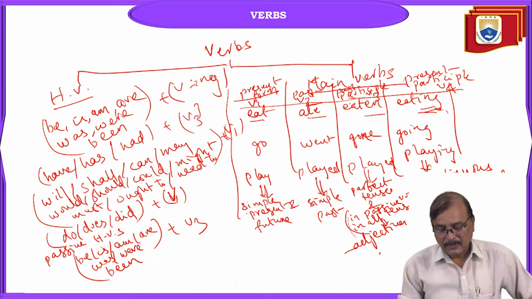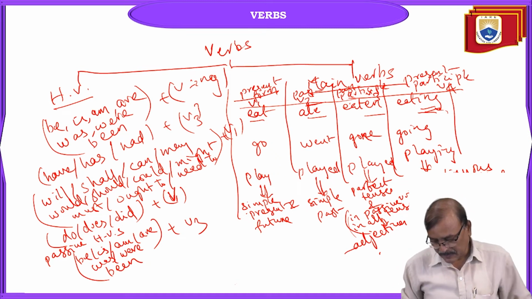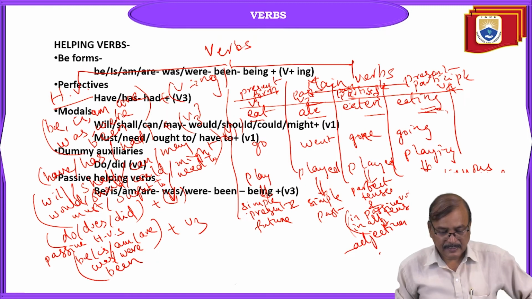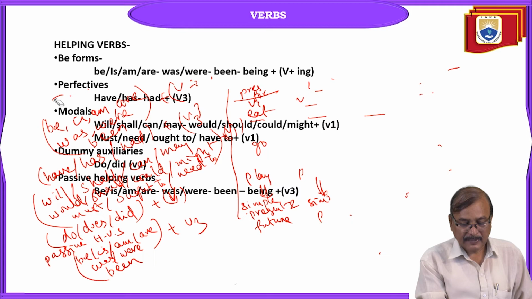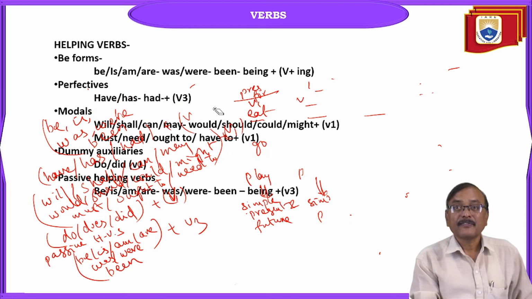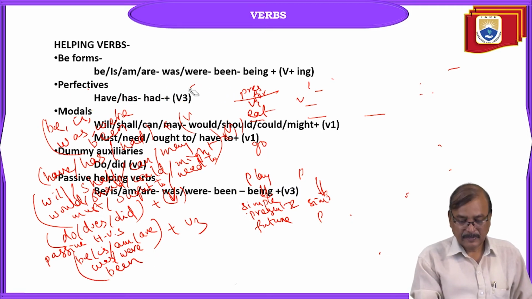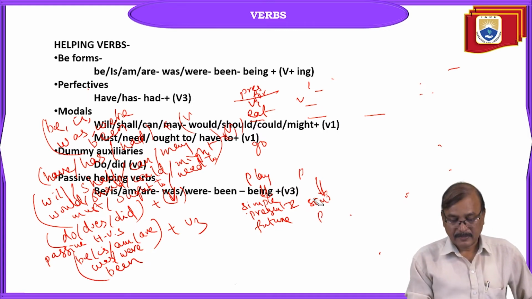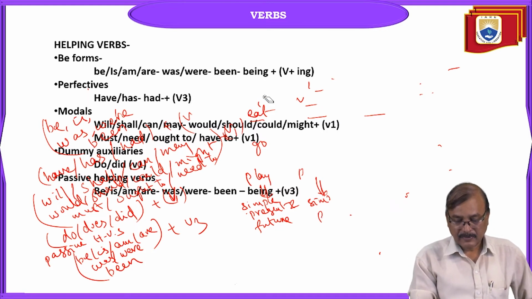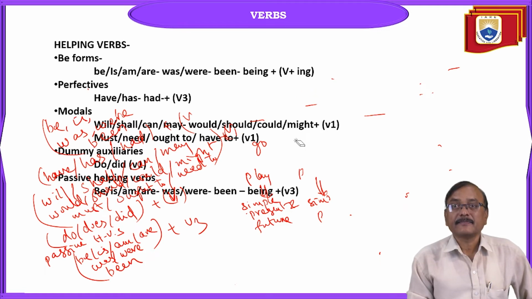Now let us move to the next slide. See here, I am giving the helping verbs list. First, the be forms: be, is, am, are, was, were, been, being.